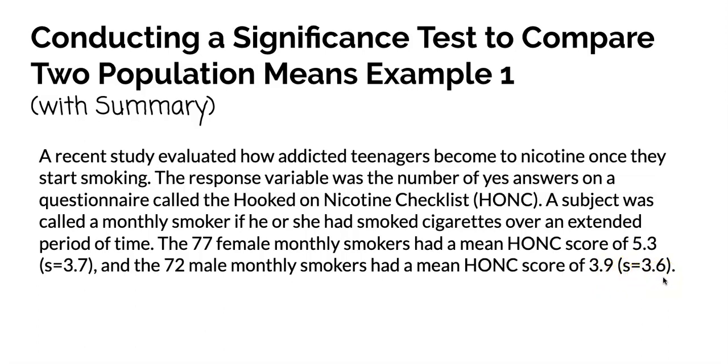They're very similar standard deviations. Now the very last sentence, highlight this, because this is them giving you the summary. These are 6 numbers that we're going to enter. We're not finding the confidence interval this time; we're actually going to perform a significance test. But the last sentence is what you need. They gave you the summary right there.